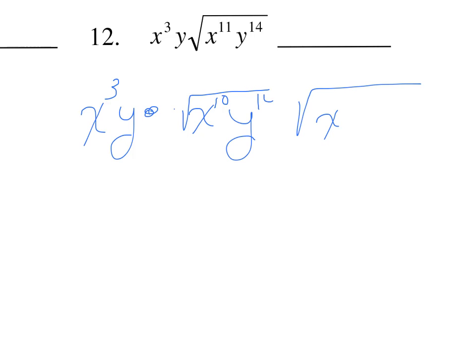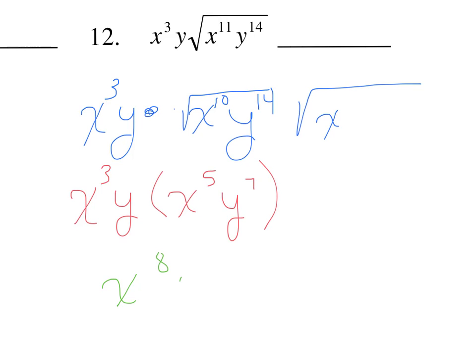So we'll keep the y to the 14 here. Now we'll take the square root of these. But first we still have this x cubed y here. The square root of this is going to be x to the 5th, y to the 7th. Now we will multiply all this together. We will get x to the 8th, y to the 8th, and don't forget to bring down your not perfects.